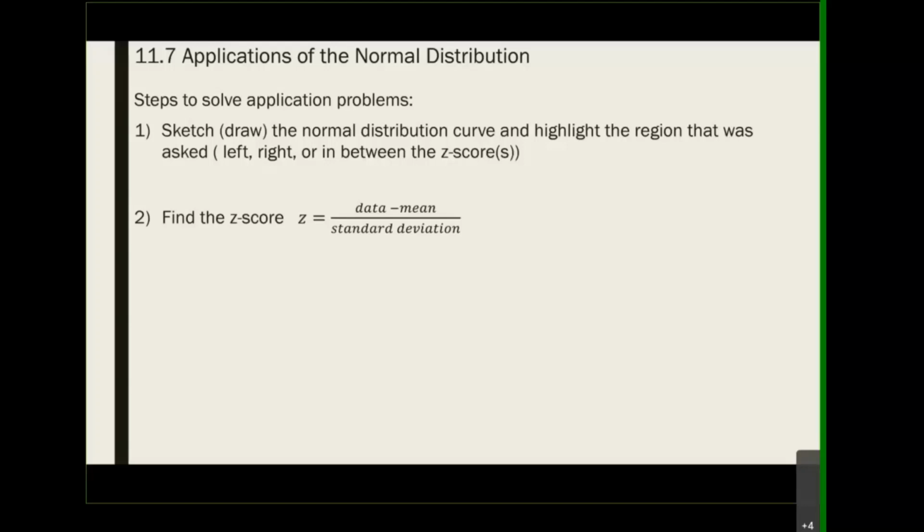Like I mentioned in the last meeting, this is what statistics basically is: they give you the formula, and all you need to do is plug into the right items. So it's always the data minus the mean, divided by the standard deviation, for the z-score.